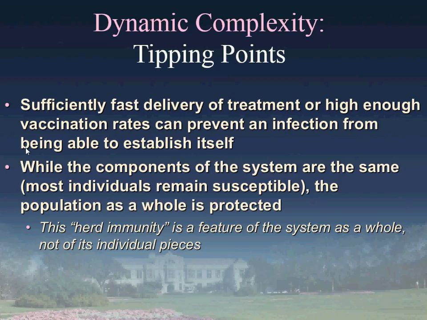And it may be that individuals are vulnerable, not immune, but there's a level of herd immunity that's established at a certain point by a robust enough system to maintain vaccination rates or maintain fast treatment levels.